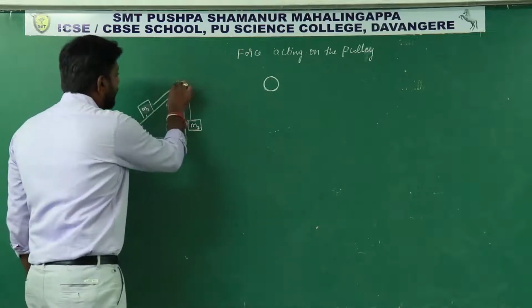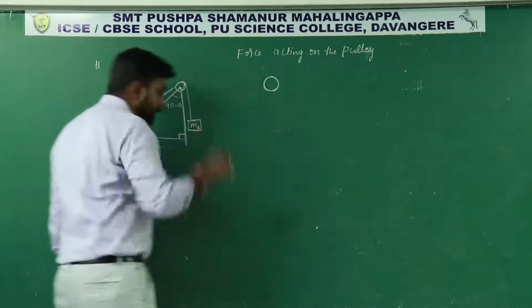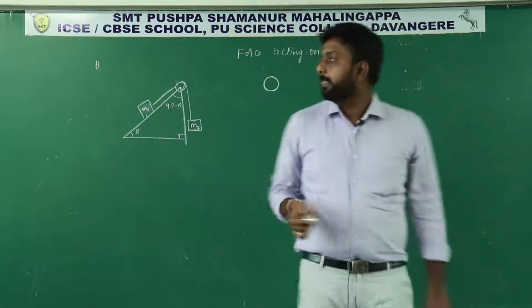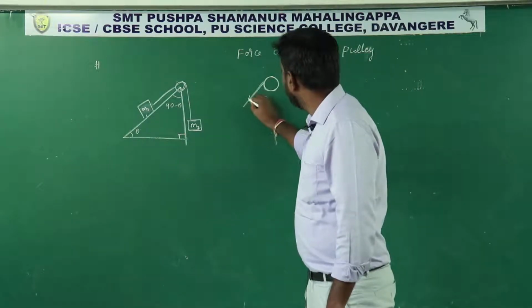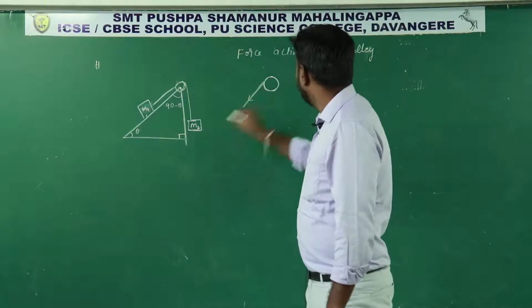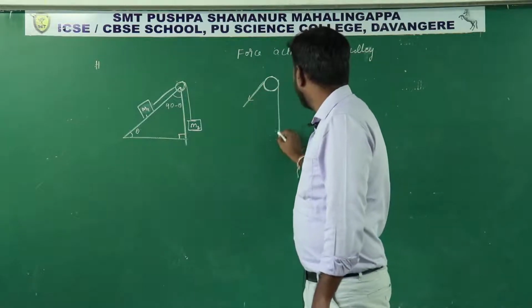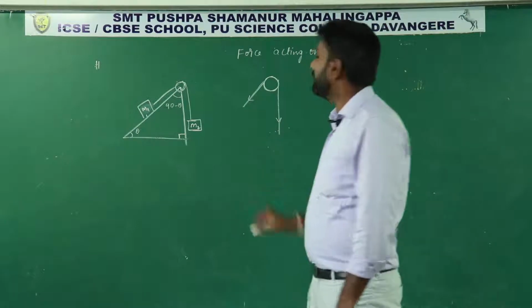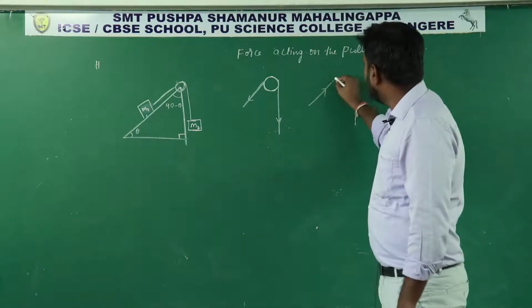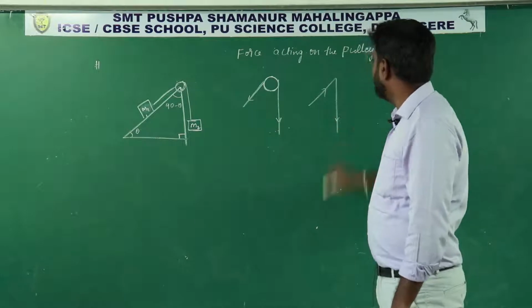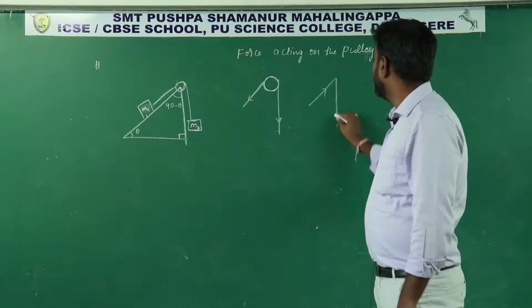Then if you draw the free body diagram of that pulley, you can observe the force acting on the pulley in this direction. This is one force and this is another force. So this is one vector you can consider and this is another vector, isn't it?